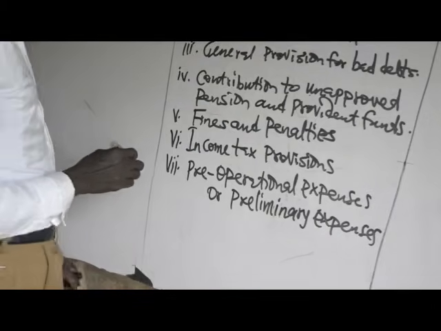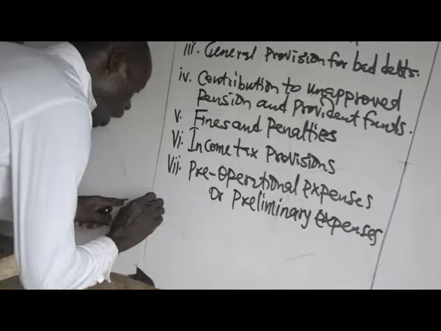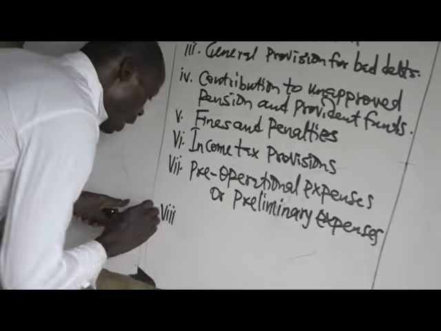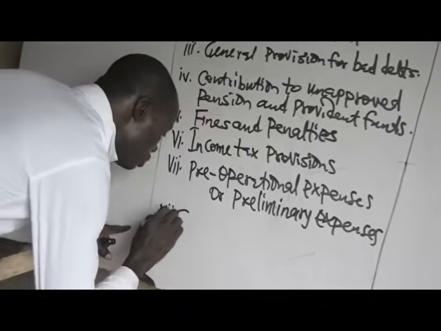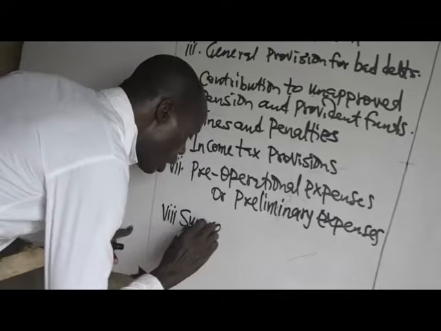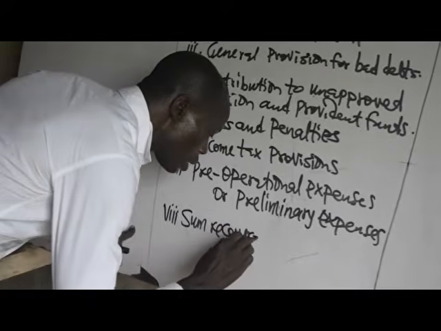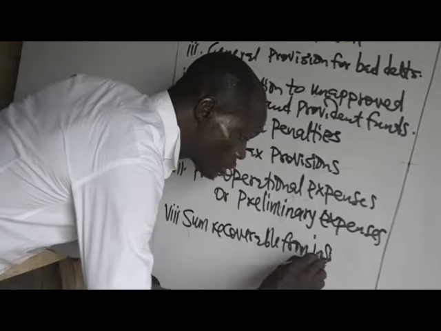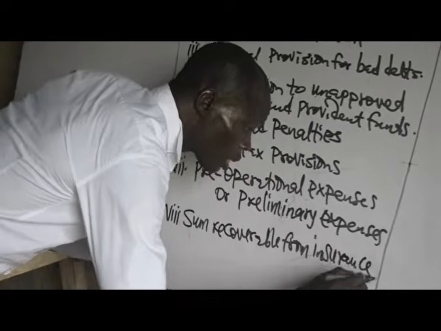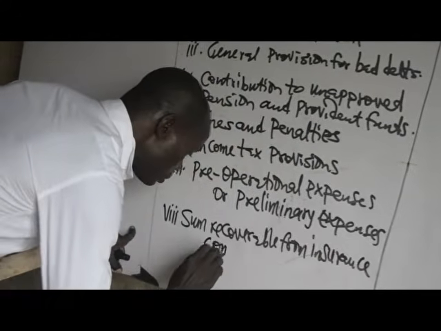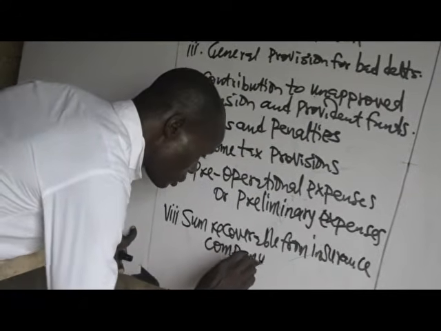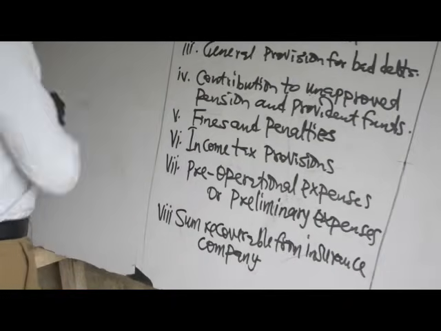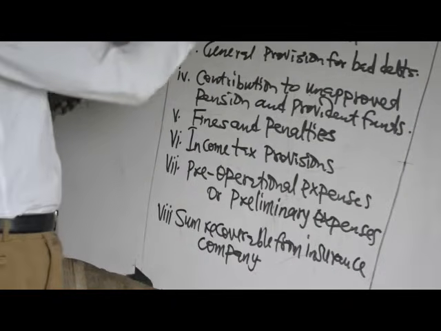Then we have any sum recoverable from insurance company, which is not allowable for tax purpose.